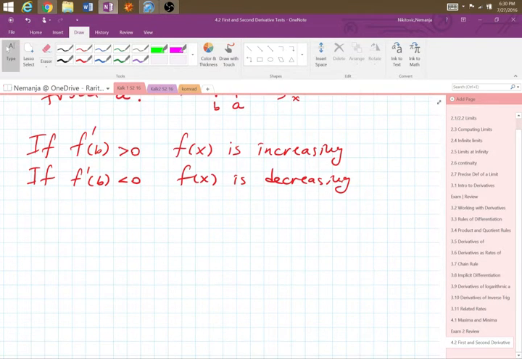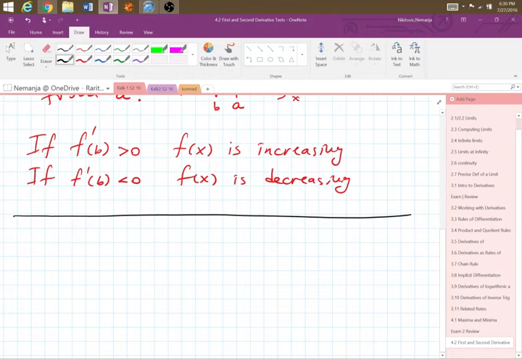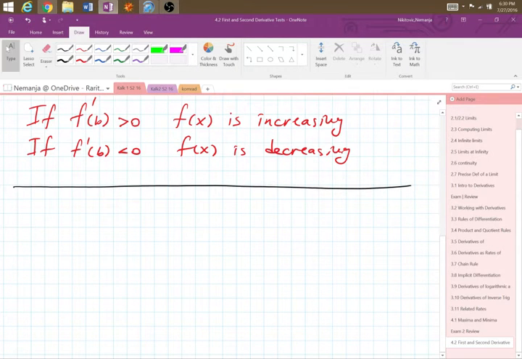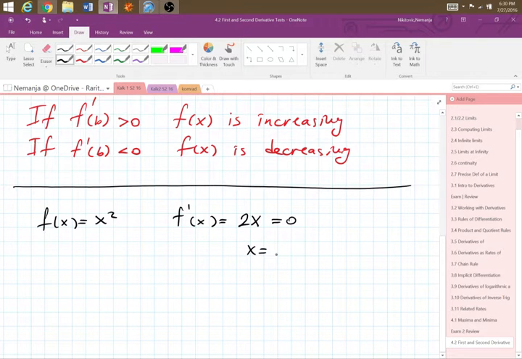So let's just test this on the easiest function that we know, x squared. So let's say f of x is equal to x squared. Its derivative is 2x. We set that equal to 0 to find critical numbers. So x is equal to 0, which is the critical number.